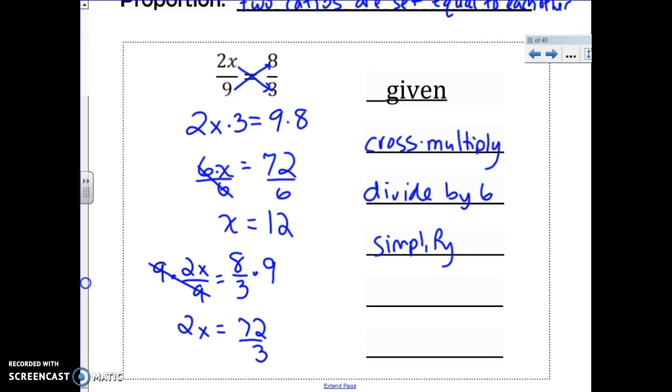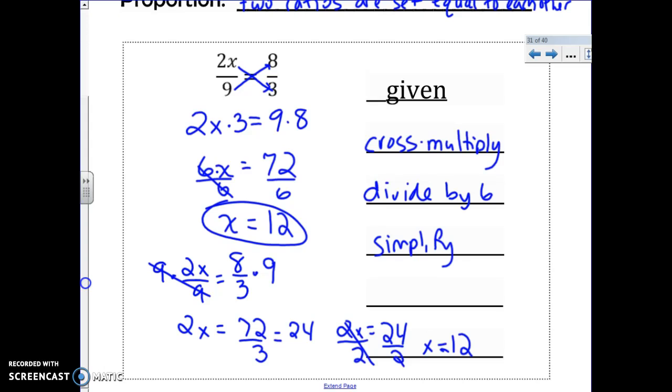Then I simplify: 72 divided by 3 is 24. I still have two x's on one side, so if I divide both sides by 2, I get the same answer, which is 12. It's a miracle when this gives you the same answer either way. Personally, I like cross-multiplying when it looks like that.